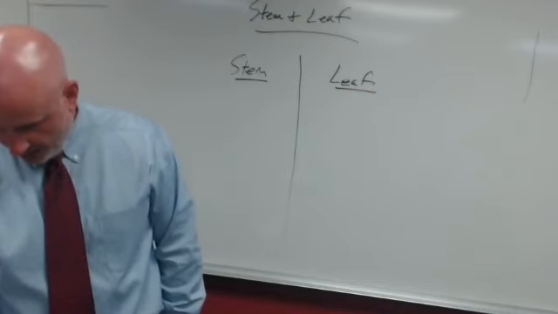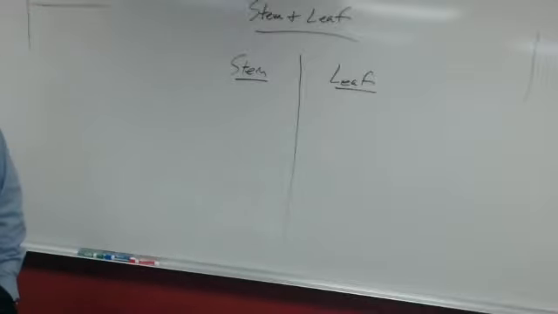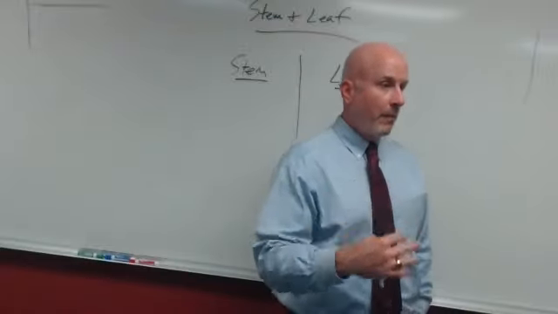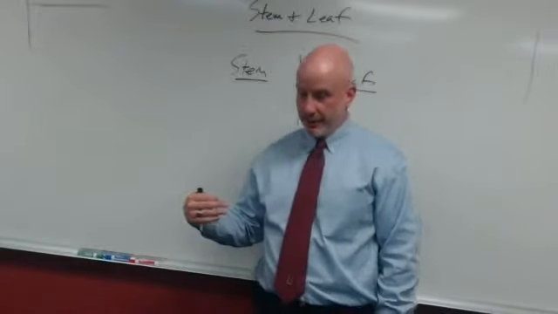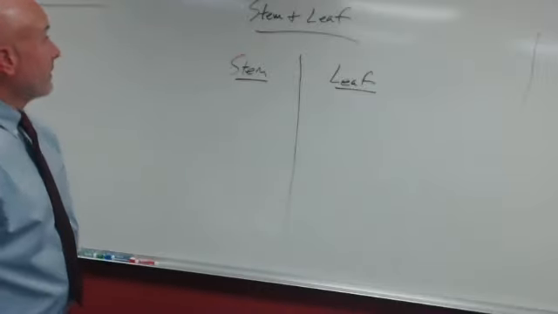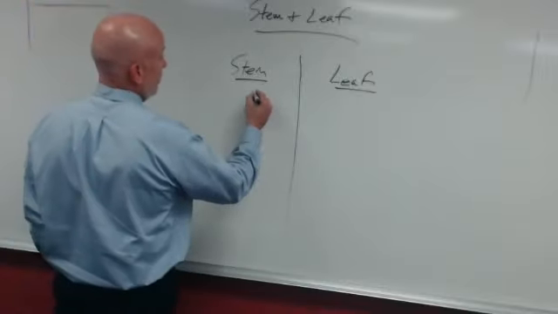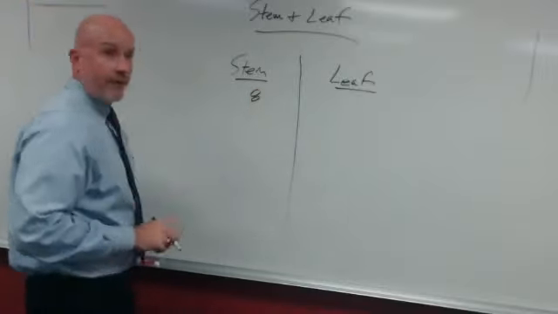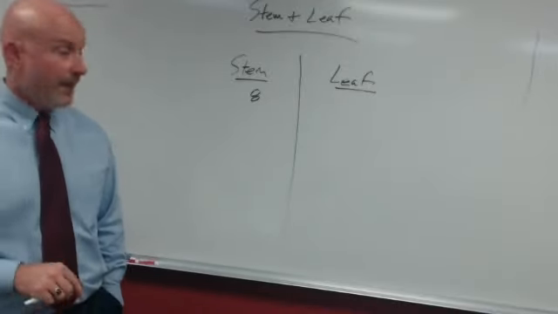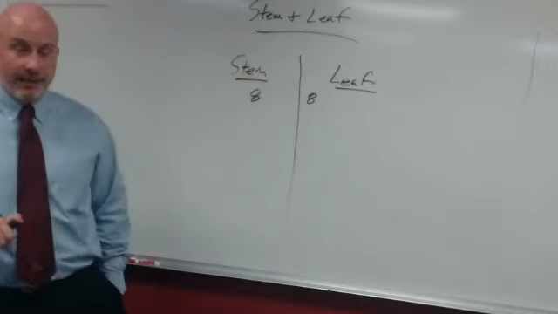So what is the smallest number of spots purchased? The first thing you would want to do is organize the data from minimum to maximum values. The smallest value is 88. So for the stem, we're going to use the first value, the 8, and the leaf is the other 8.